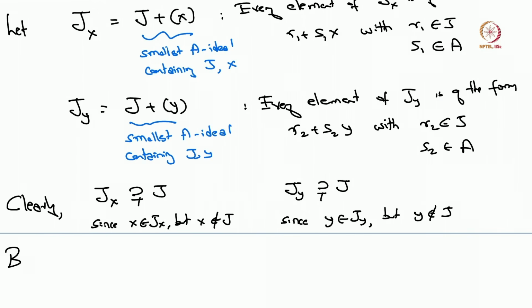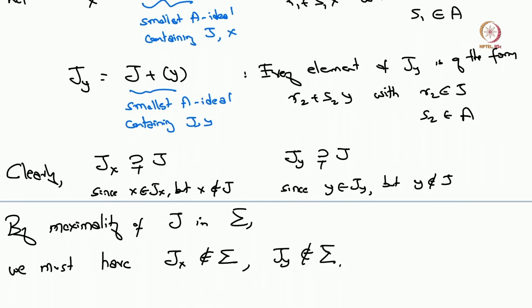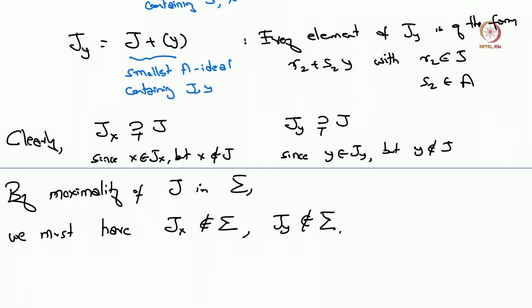Okay. So by maximality of J in sigma, now we've got ideals Jx and Jy that are larger than J. So these ideals that are larger than J cannot belong to sigma, because J is maximal in sigma with respect to inclusion.